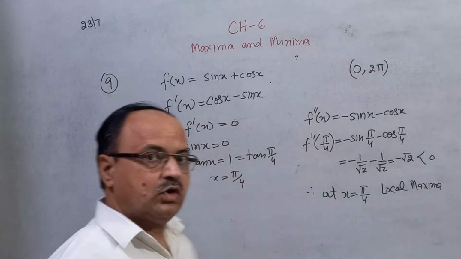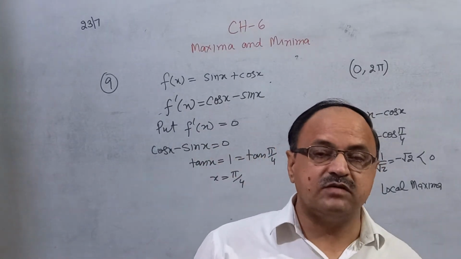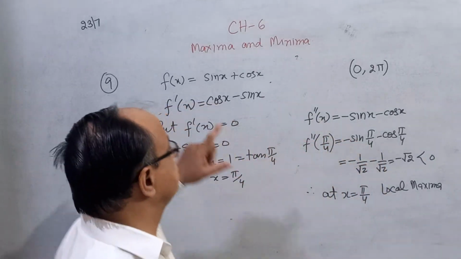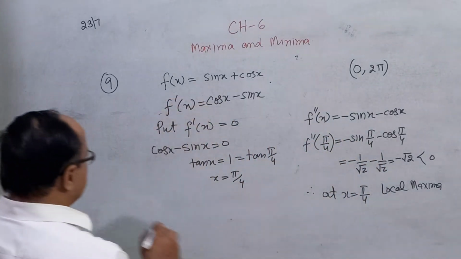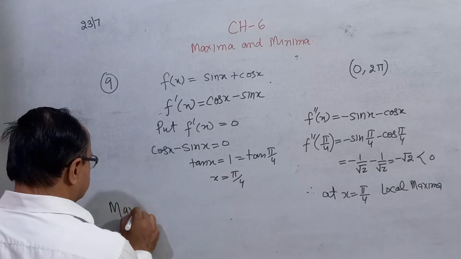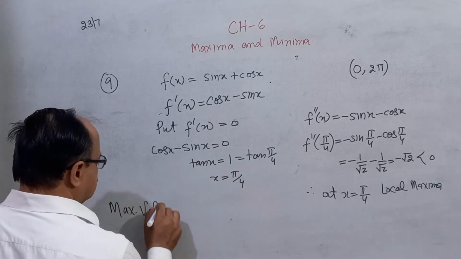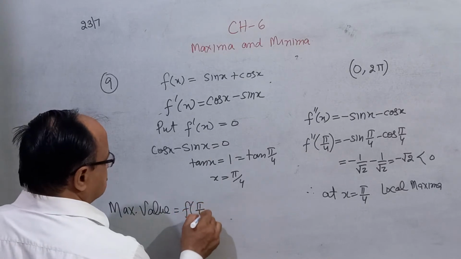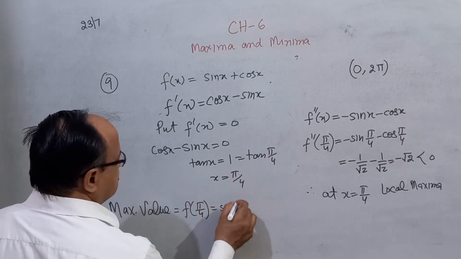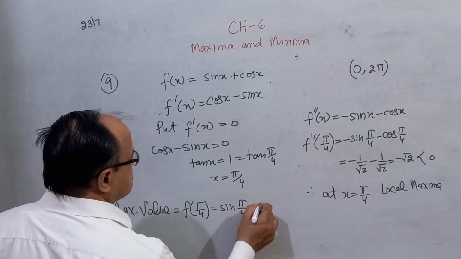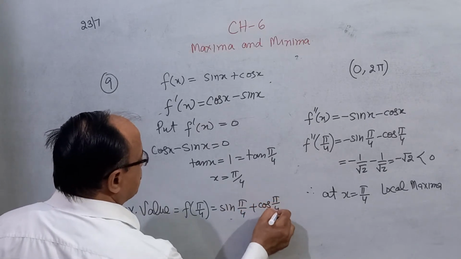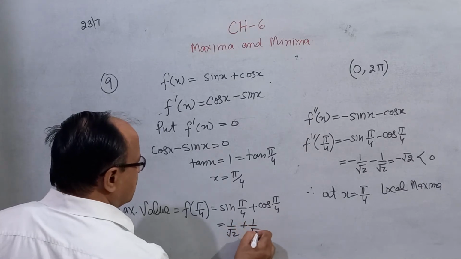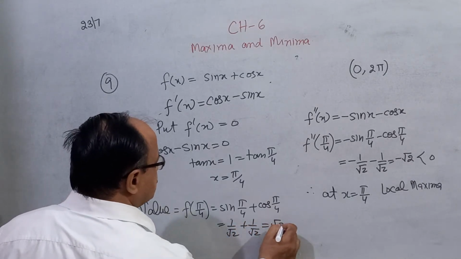Now can you find the local maximum value? Just put the value of x in the original function. The maximum value f of pi by 4, that is sin pi by 4 plus cos pi by 4, 1 by root 2 plus 1 by root 2. The answer is root 2.